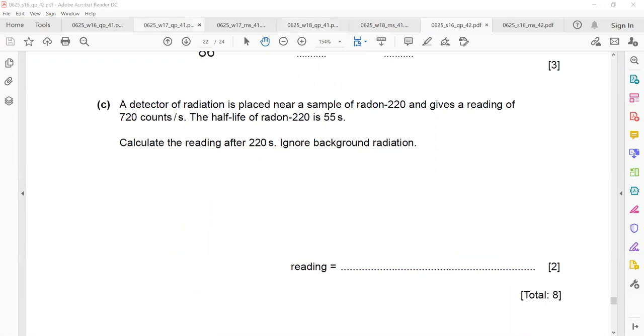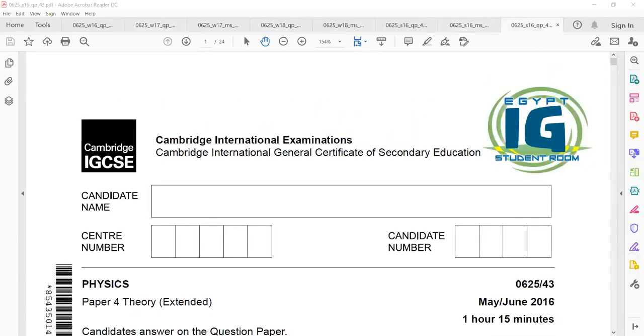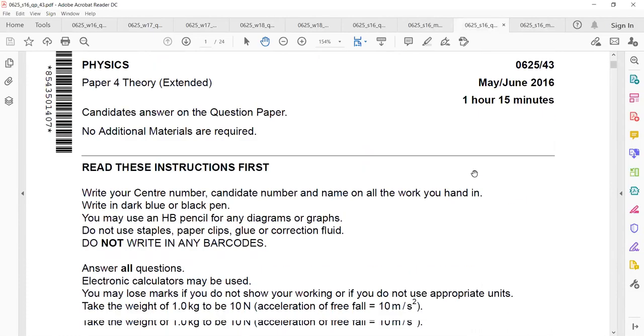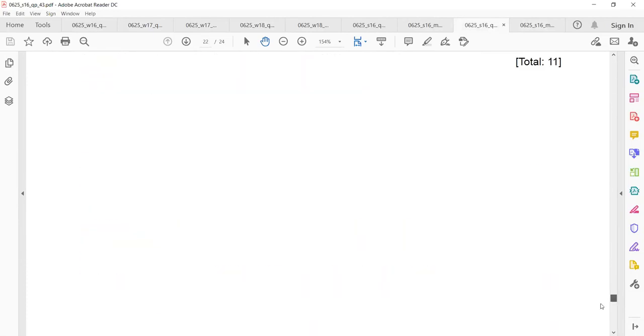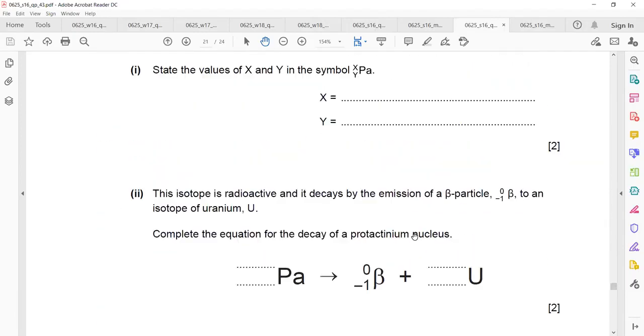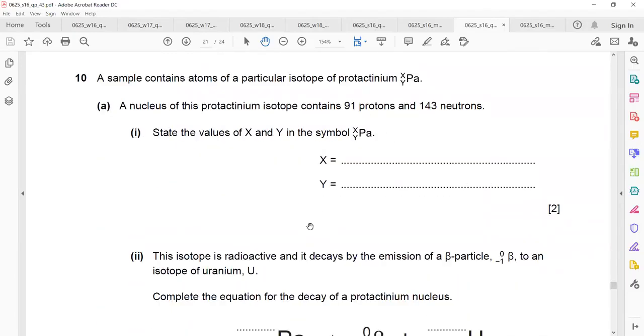Then the third variant of May-June 2016. A sample contains atoms of a particular isotope, protactinium.